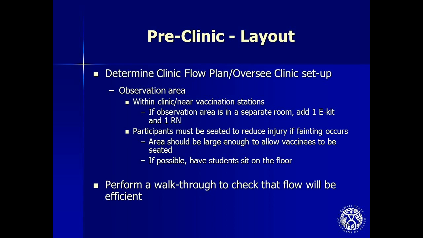Participants must be seated during observation to reduce injury if fainting occurs. The observation area must be large enough to allow vaccinees to be seated. If possible, have students sit on the floor. The clinic manager must perform a clinic walkthrough before operations begin, to check that flow will be efficient.